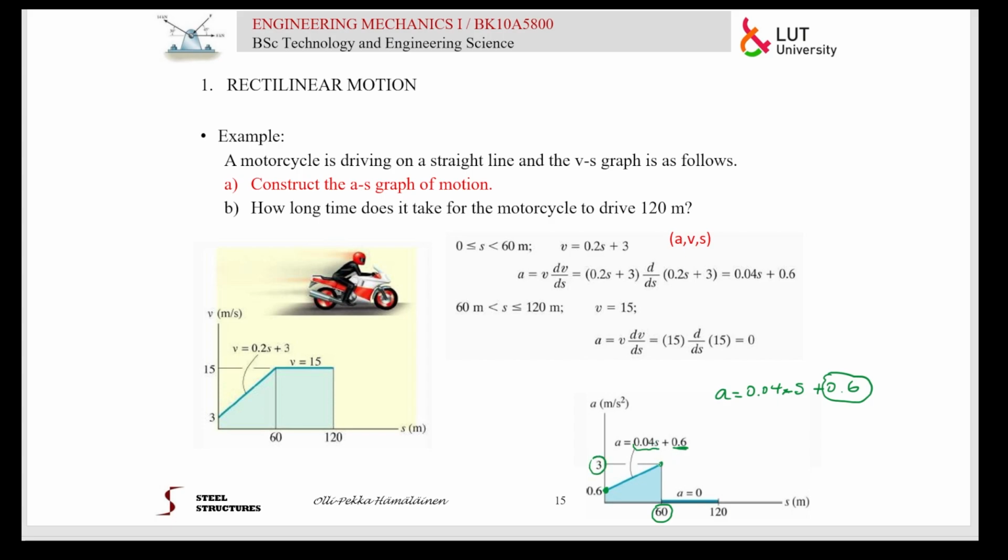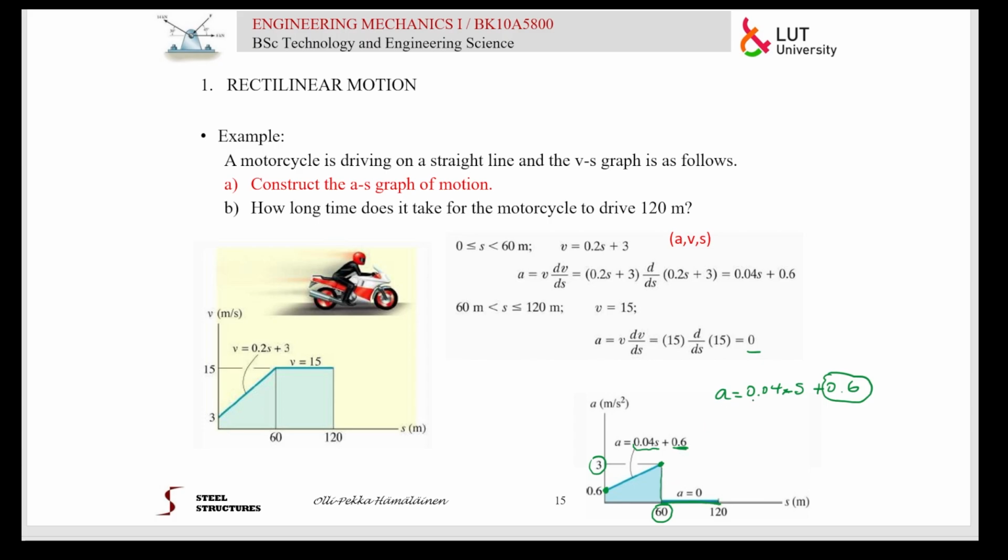So I can identify these 2 points pretty easily. But then in the other segment from 60 to 120 meters, as the acceleration is 0, then everything drops to 0 and stays at 0 like that.